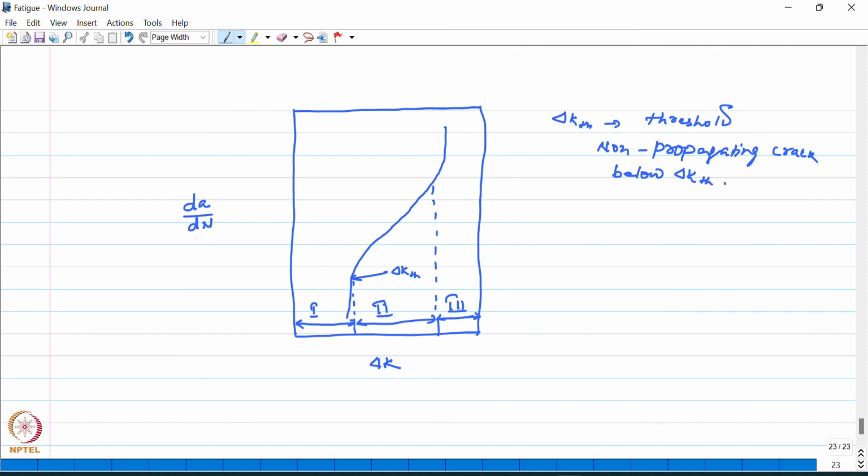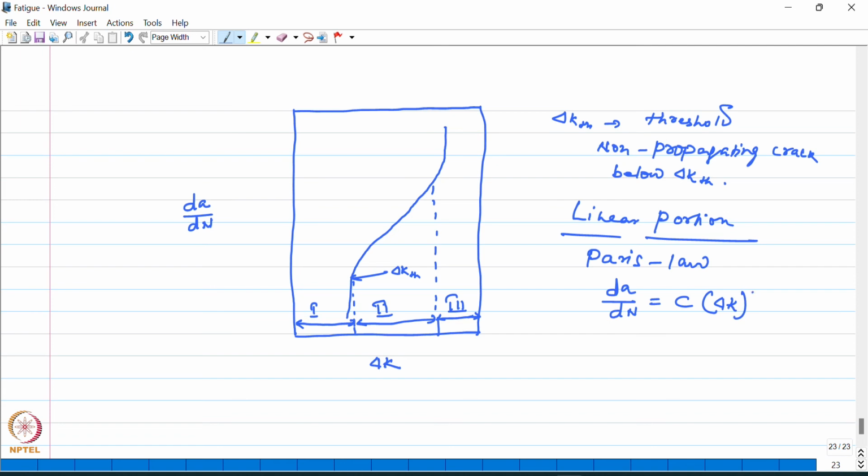Region 2 is the linear region, which is also known as Paris law and is expressed by this equation. Okay, so a log-log plot of this equation will give rise to a straight line, the slope of which is m.